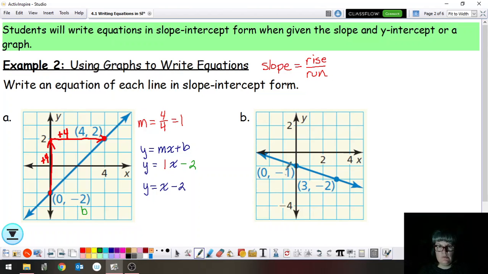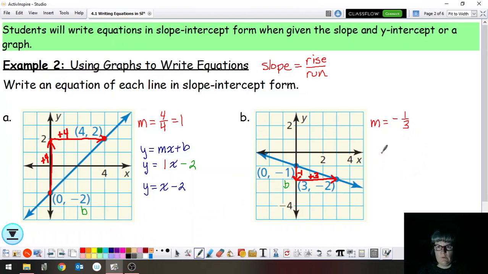Second example, we are crossing the y-axis at -1, so that's our b value. To go from my leftmost point, I'm going down 1 to my right point, I'm going right 3. So my slope is -1/3.